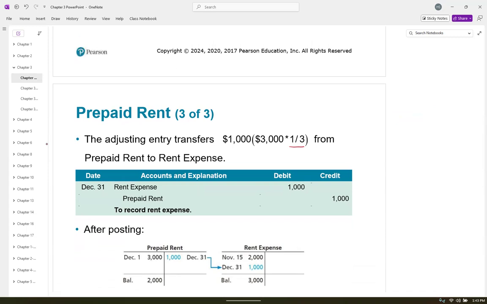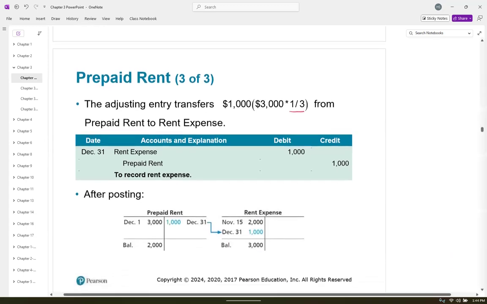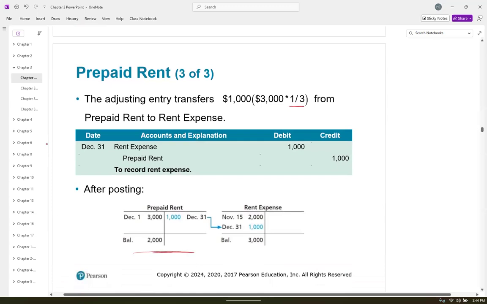I had an accounting student ask me a long time ago, what triggers some of these adjusting entries? In this one, the passage of time. Time has passed, 1 month, and so I have to make sure that my asset, my prepaid rent, is correct, and my rent expense is also correct.